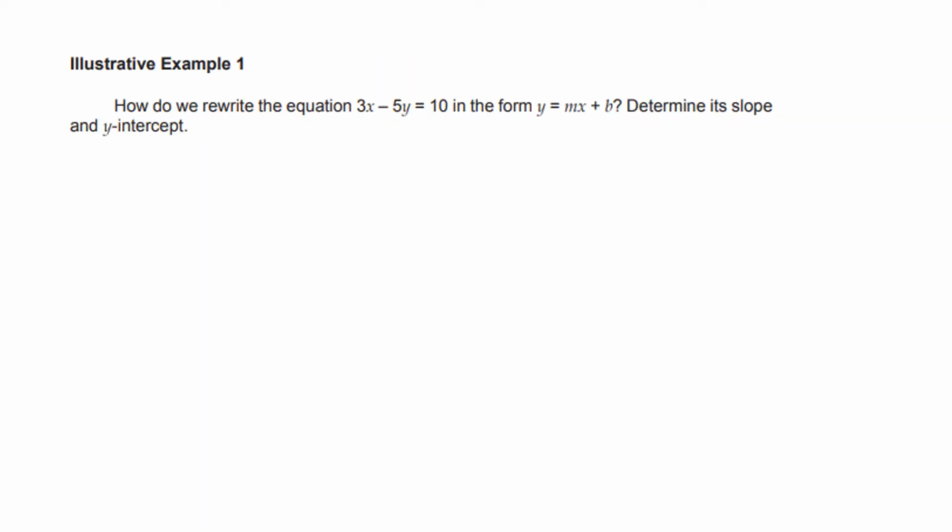Let's try this illustrative example 1. How do we rewrite the equation 3x minus 5y equals 10 in the form y equals mx plus b? Determine its slope and y-intercept. So as you can see here, this is our equation, and this equation is actually in the standard form. So how did we know that it is in standard form?